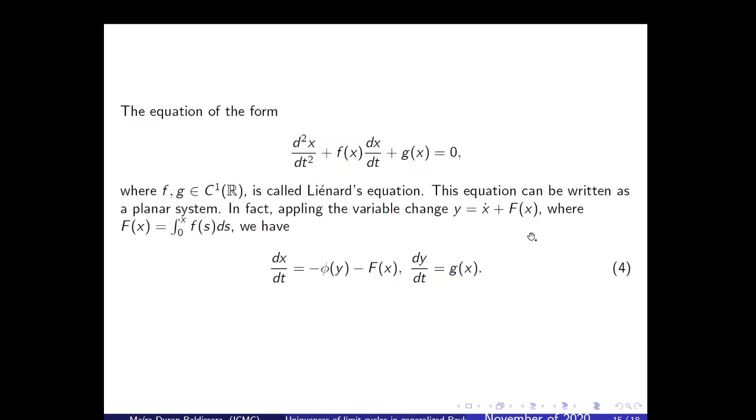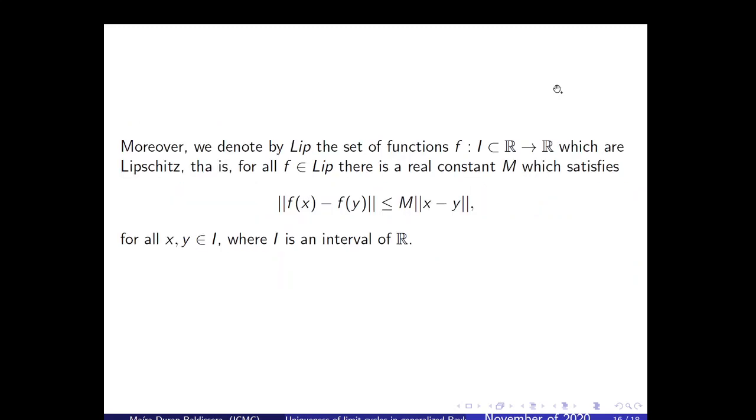But first we introduce this equation that we call the Liénard equation, and we study this equation as a system again using change of variables, and we introduce this notation to call the Lipschitz functions, and if the function satisfies this, it is a Lipschitz function.